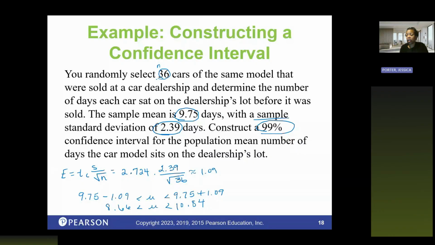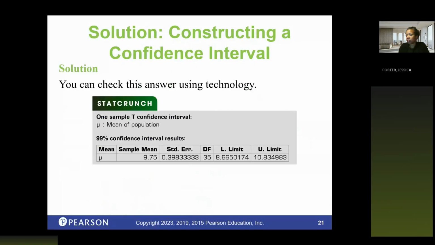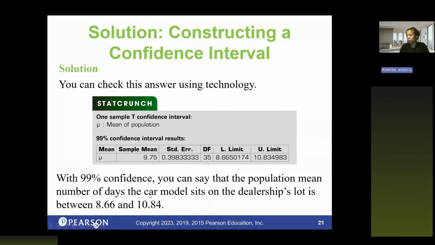That means we are 99% confident that the true mean is between 8.66 and 10.84. And let's put the wording in there with it. We can say that the population mean number of days the car model sits on the dealership's lot is between 8.66 and 10.84. Okay.